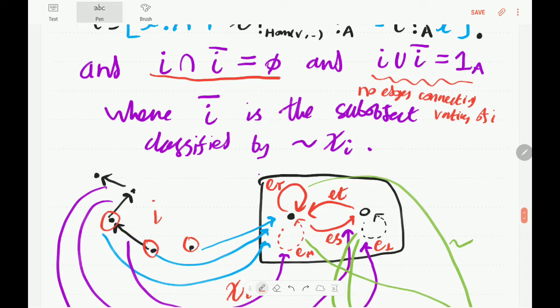Why is that? Well, suppose there is such an edge, like in this case here. So I is these three vertices circled, let's say.